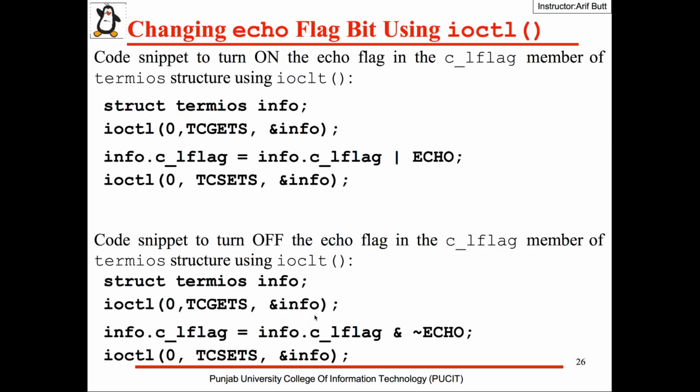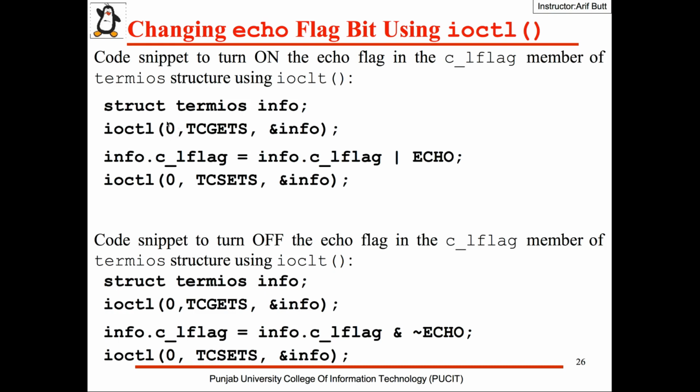Let me move on to a simple code snippet using ioctl. This code snippet is making the echo flag on, and this is making the echo flag off. The procedure is the same. We are getting the attributes using ioctl.